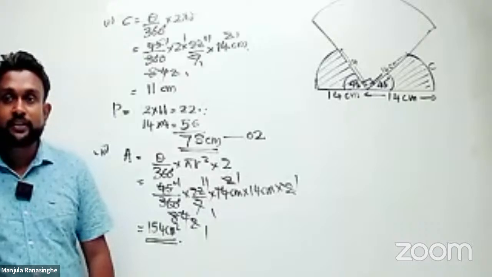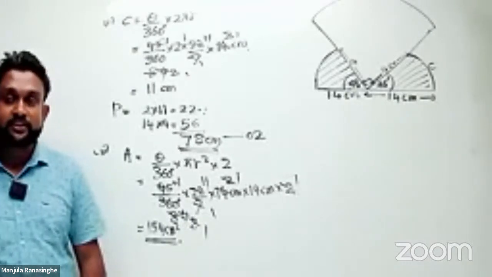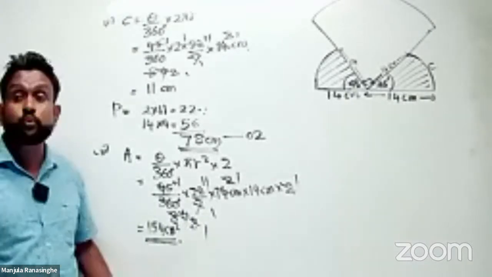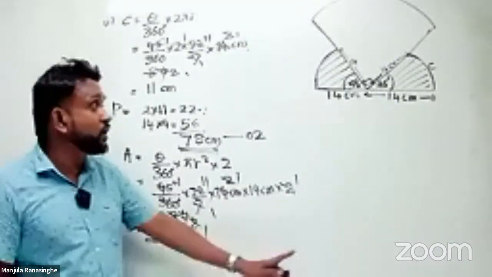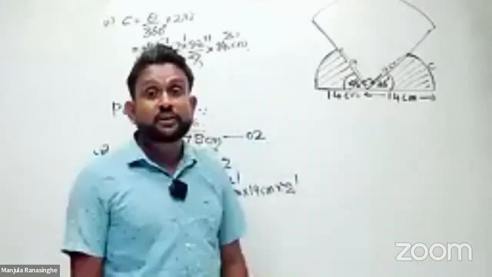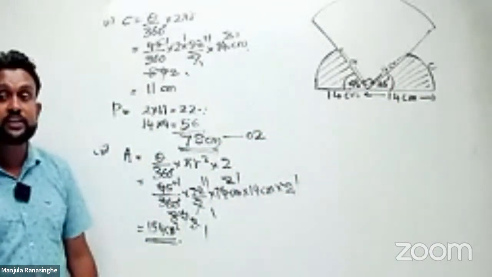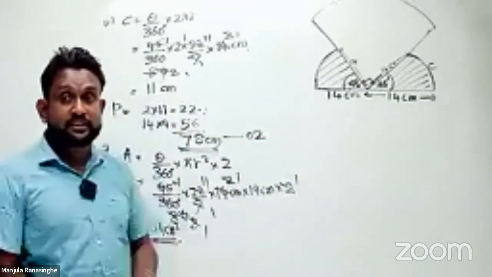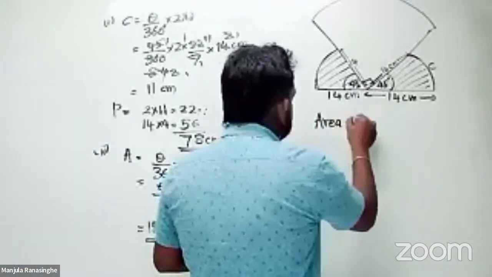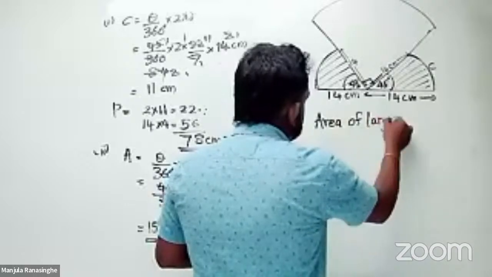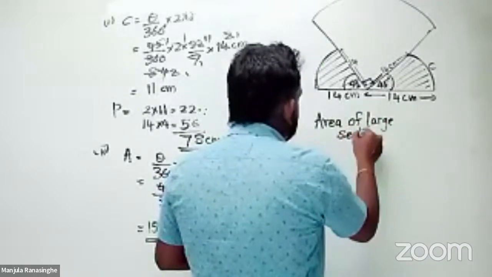Then, if the area of the large sector is 462 square centimeters more than the sum of the areas of the two small sectors, write the ratio of the area of the shaded parts and the large sector in the simplest form. So now I will take the area of the large sector.